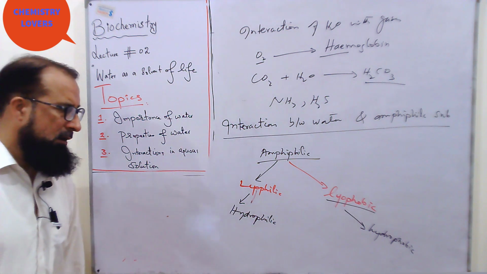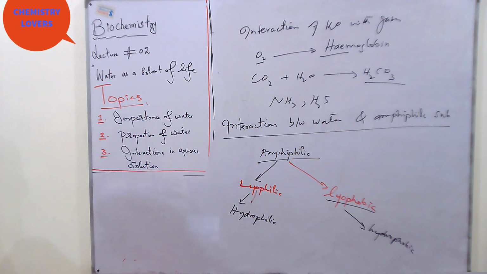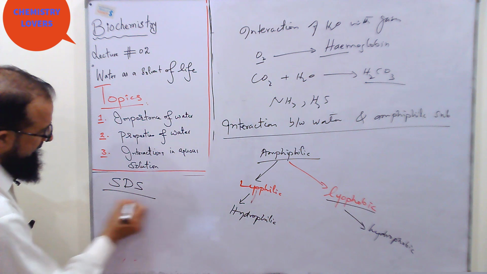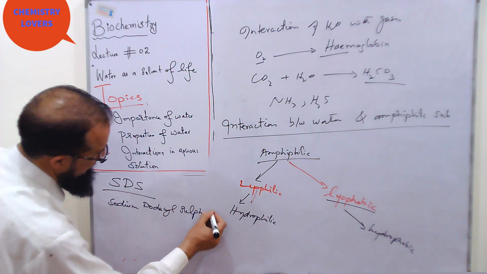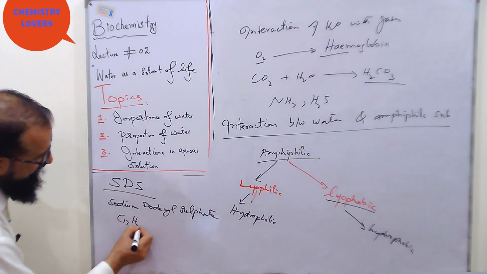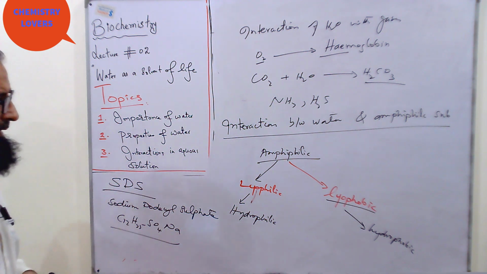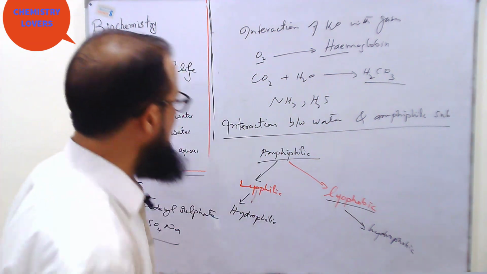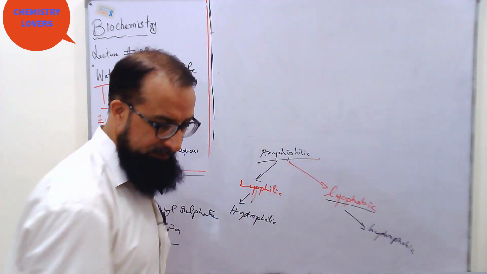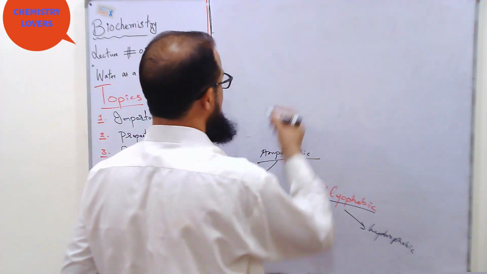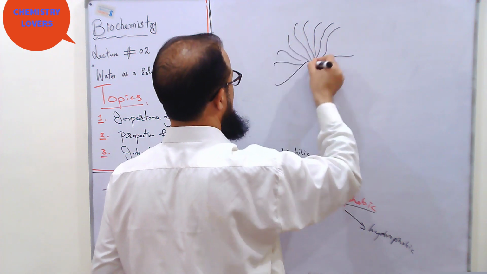These kinds of substances have a very important role, and they can make micelles. For example, SDS, sodium dodecyl sulfate, the formula of which is C12H25SO4Na. When we dissolve this sodium dodecyl sulfate in water, above a certain concentration, called the critical micelle concentration, it gives us such substances called micelles.